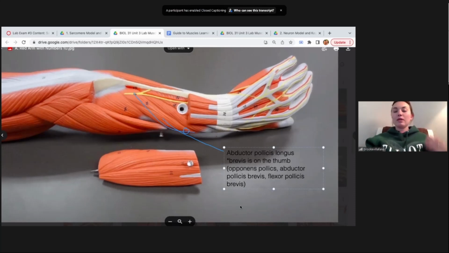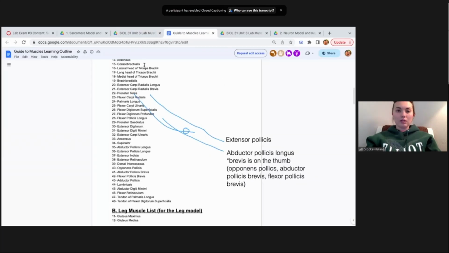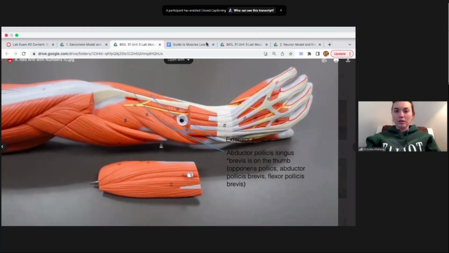So sometimes you can think that through in your head on the test and say, okay, this is a longus because the brevis is on the thumb, right? So this is abductor pollicis longus, and abductors and the other action always go side by side. So this next muscle here is the extensor pollicis. Extensor pollicis. And then I believe it is a longus, but let's check. 36, extensor pollicis longus.